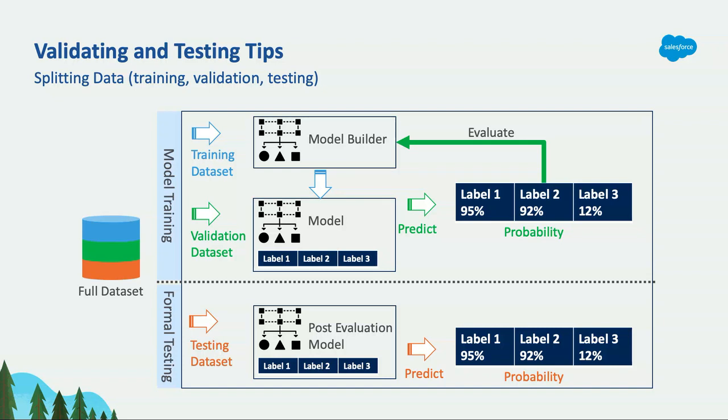It left a portion of it for testing. You'll see at the top portion of this screen, the model training, that Einstein basically split that data into a training and a validation data set, and he used that to train himself.